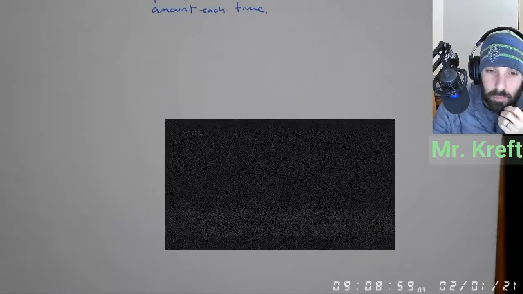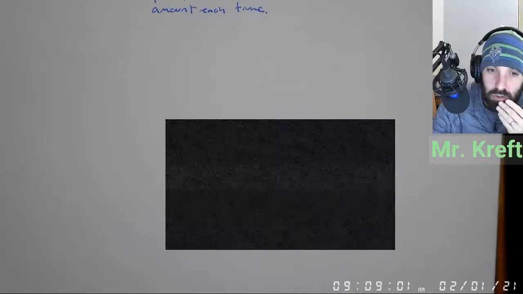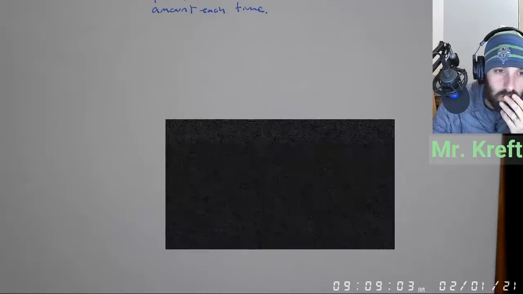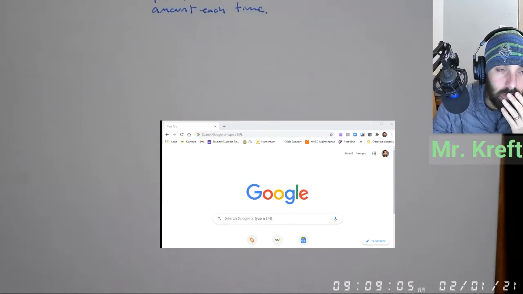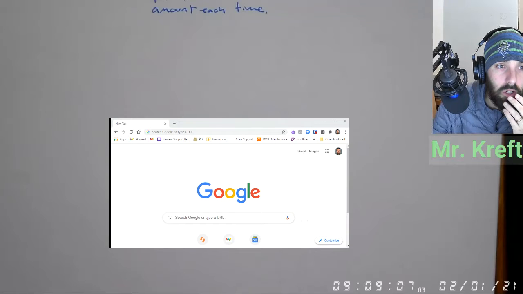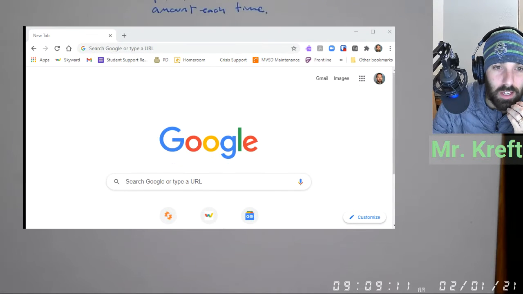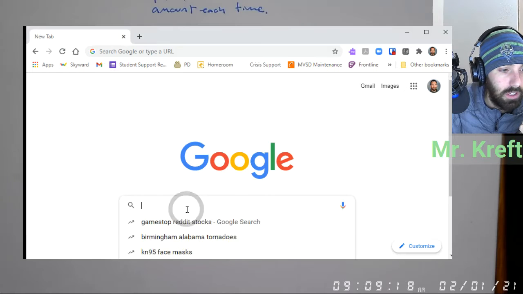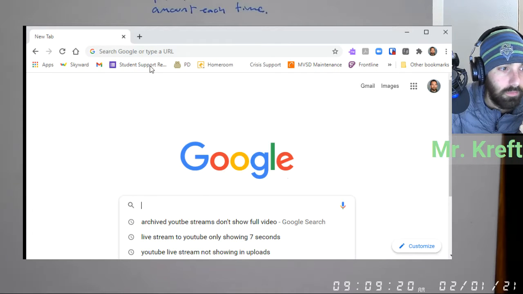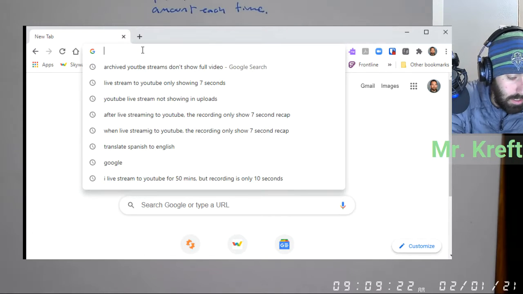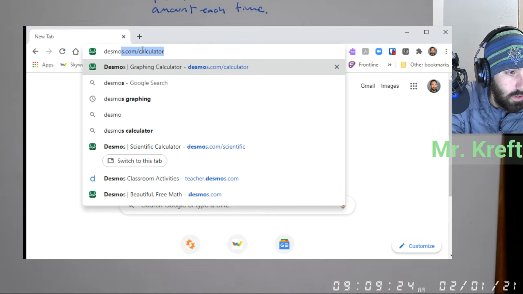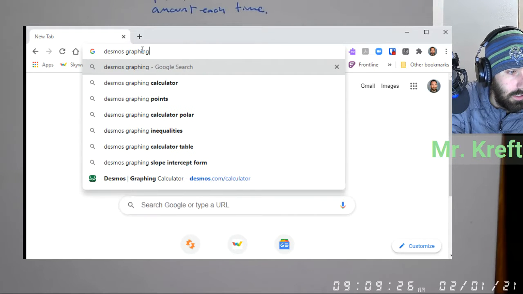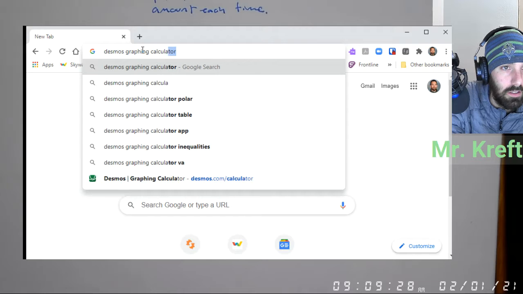I just want to make sure you guys know how to do this. This is going to take a different type of Desmos app. So I want you to have a new tab open, and what we're going to type here is Desmos graphing calculator.